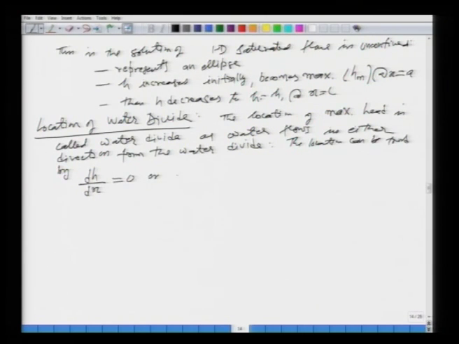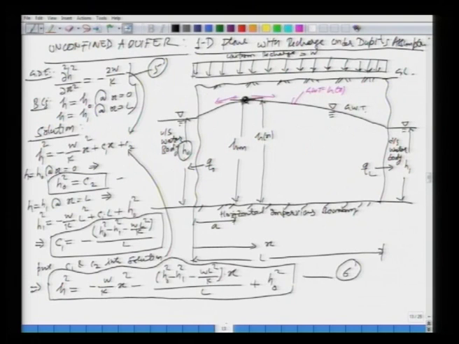Or you can set d by dx of h squared equal to 0, it is one and the same thing. You have the solution of this h in terms of h square, equation 6. So, what you do is you take the first derivative of this equation, so it will be twice of h dH dx.